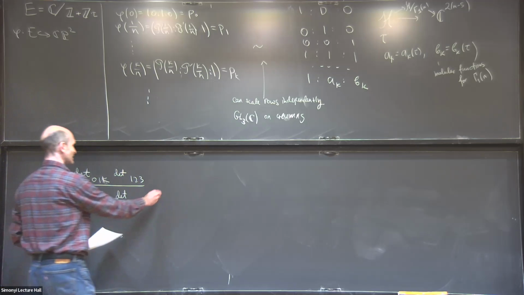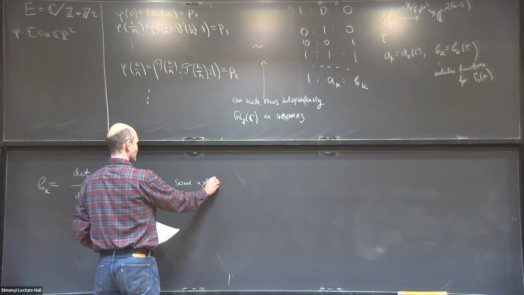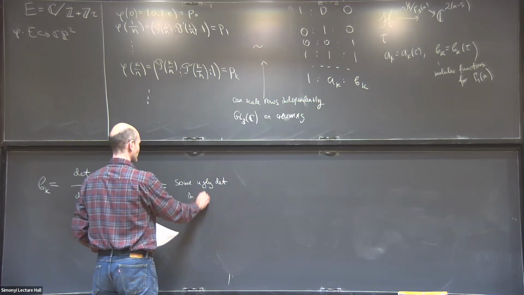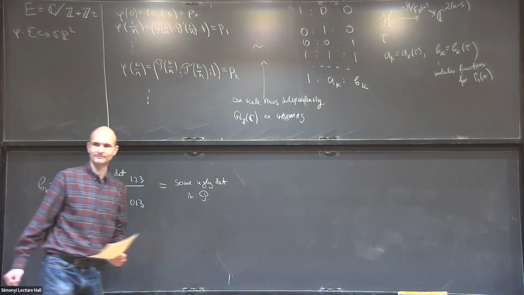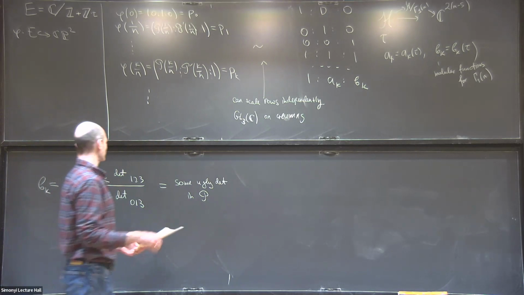And on the left, it gives me some ugly determinant in Weierstrass functions. Fine. Now we just have to compute it in terms of our coordinates of choice on X1 of n.